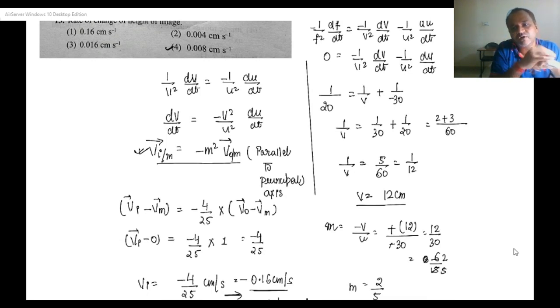Next, for the calculation of velocity of image perpendicular to the principal axis, we can write the magnification formula, m is equal to minus v by u is equal to height of image by height of object. From there we can calculate dhi by dt. Putting the values, we can easily calculate the velocity of image perpendicular to the principal axis.